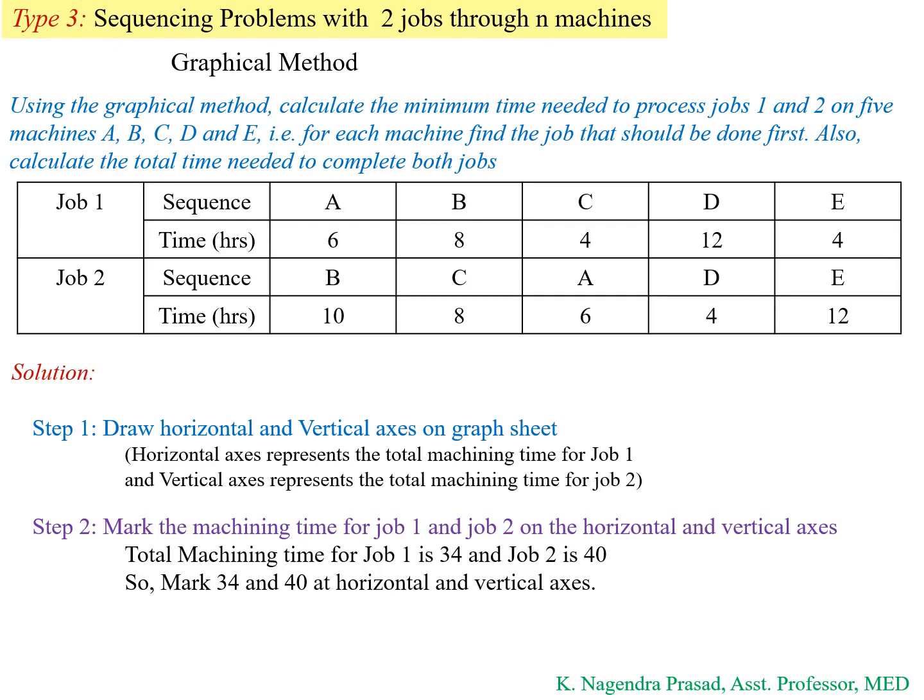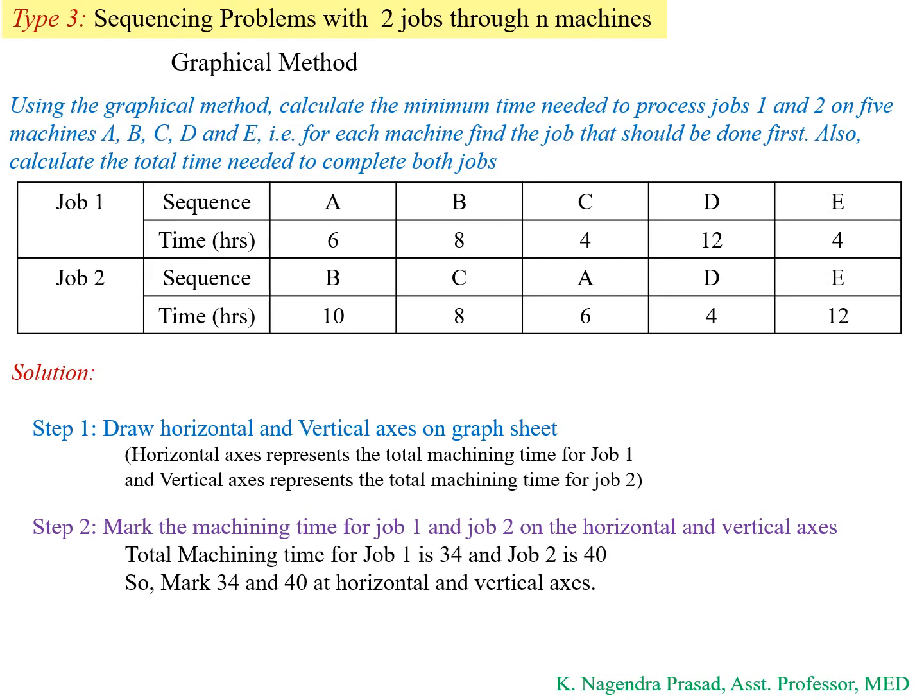So the total machining time for job 1 is 6 plus 8 plus 4 plus 12 plus 4, that is 34. Similarly, the total machining time for job 2 is 10 plus 8 plus 6 plus 4 plus 12, that is 40.